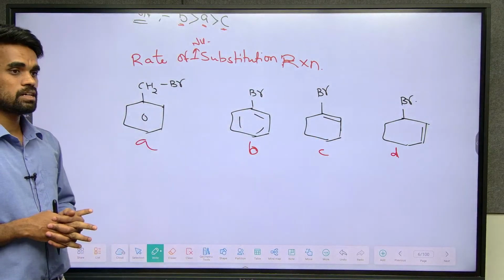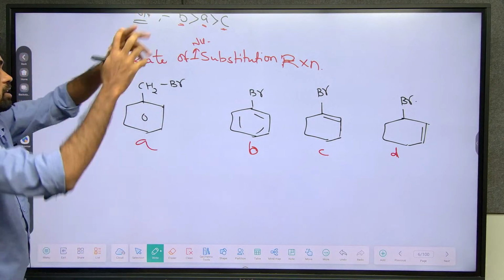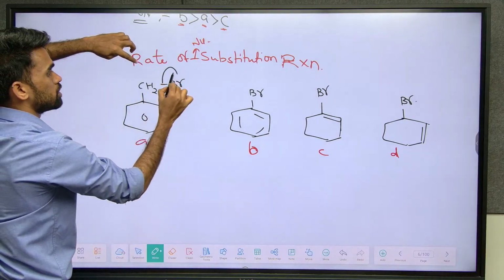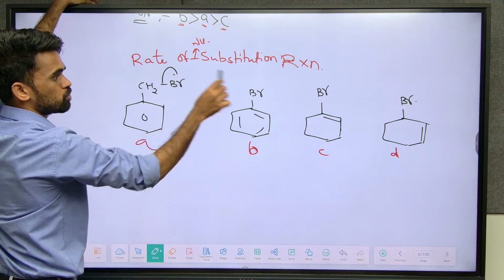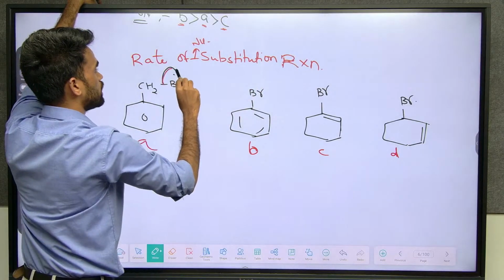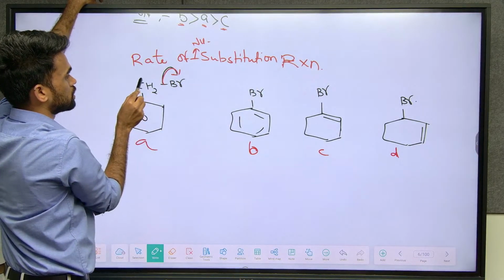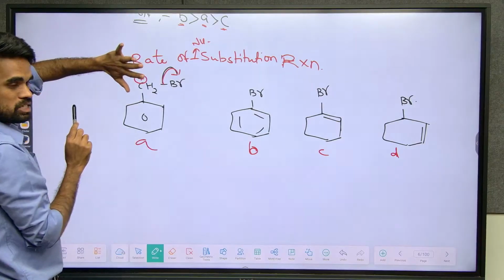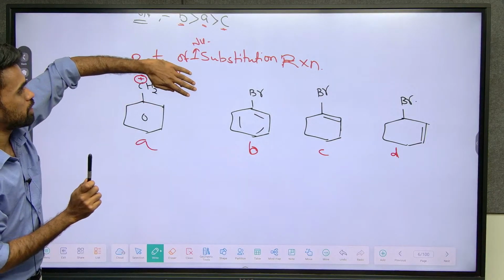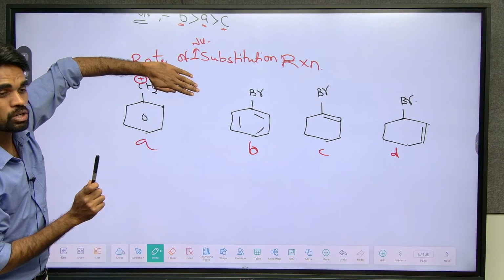So what to check? If I remove this bromine, substitution means this group should go out. If it is going out, what is the charge you are creating? Okay, imagine you got this plus charge. What type of system is this? I told you a name for that.